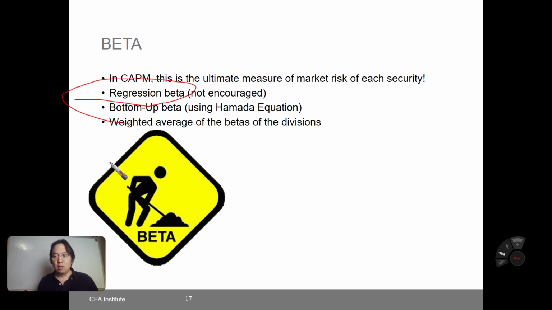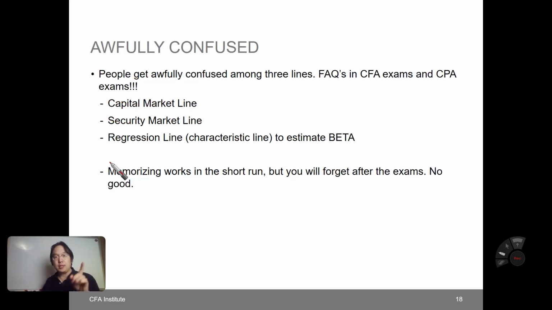For example, one of your divisions is an octopus division, another is a flying birds division, all different kinds of animals within your company. The risk profile may be a weighted average of these, a weighted average of bottom-up betas. That's going to happen to you, so wait for that.